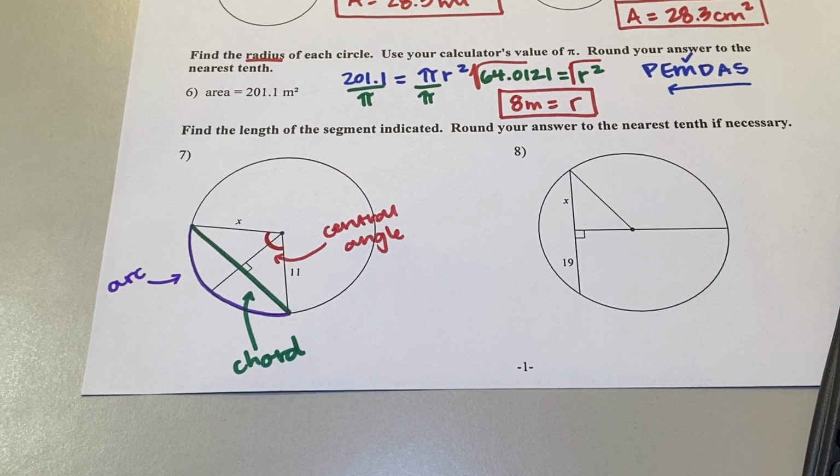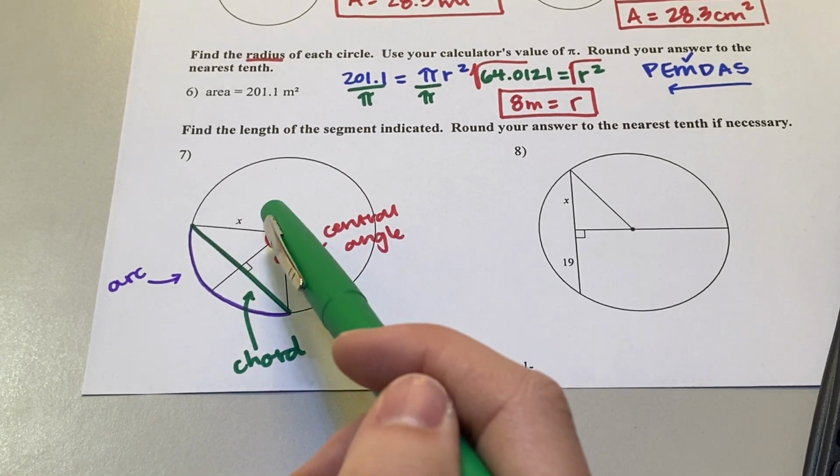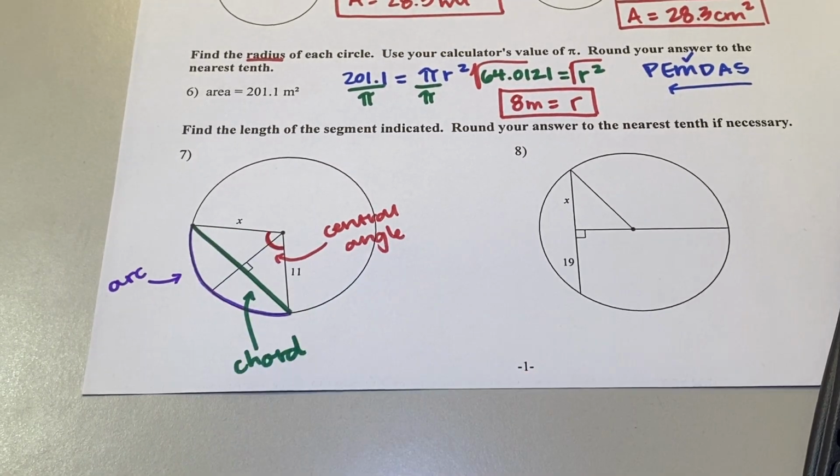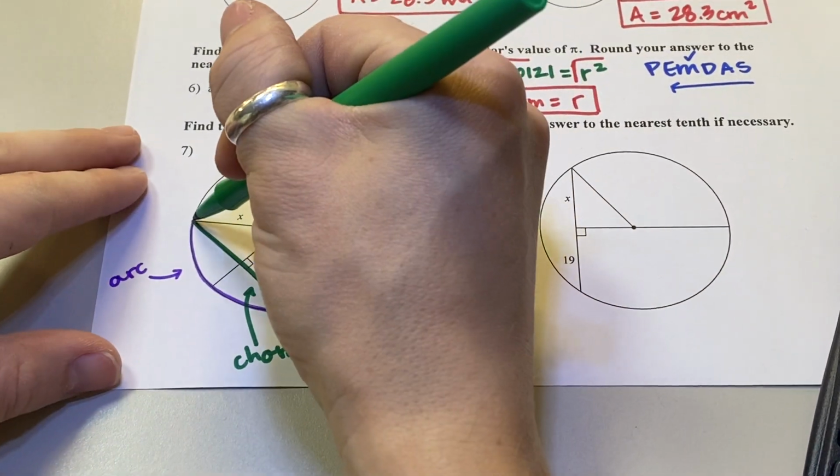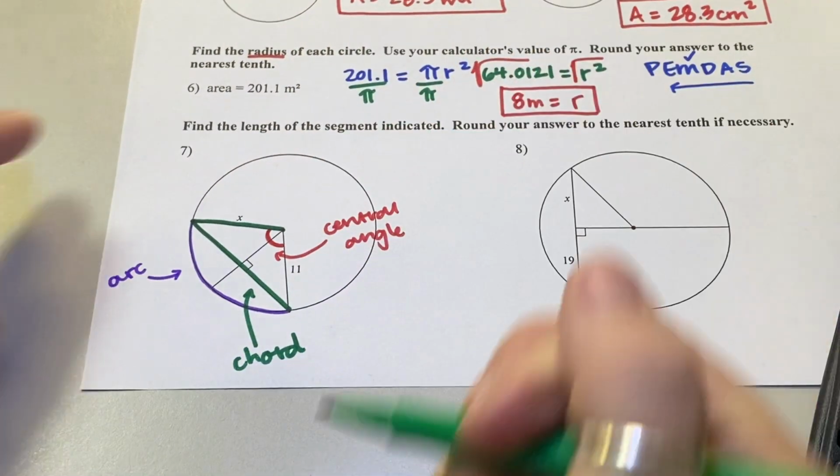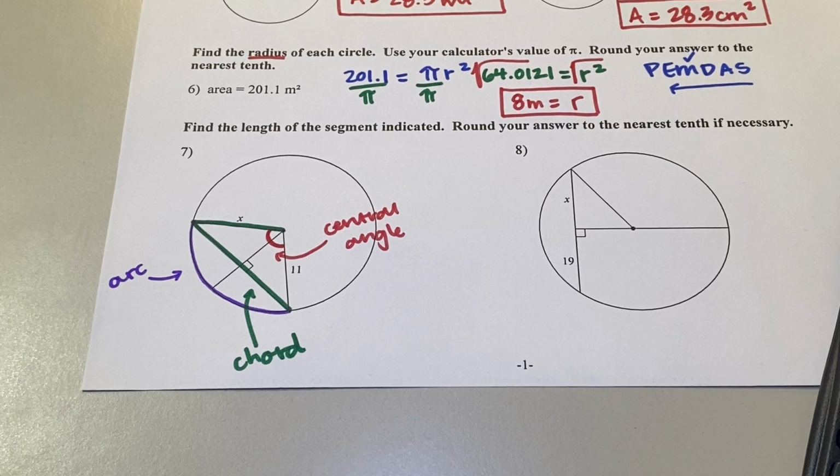Okay, we are asked to find the length of this chord, or in other words, it's also a radius right here. I want you guys to simply do some guesswork here. There's like no solving required for this problem. It does give you enough information to figure out what x is. Throw out an educated guess.